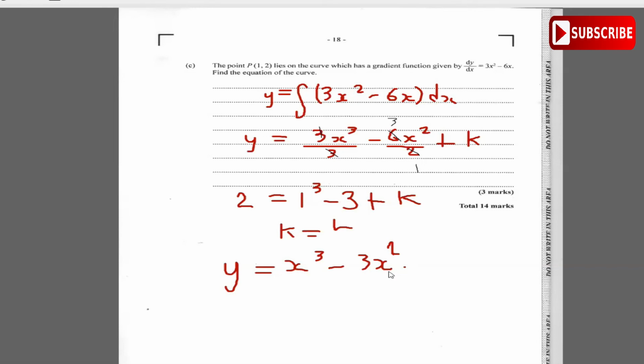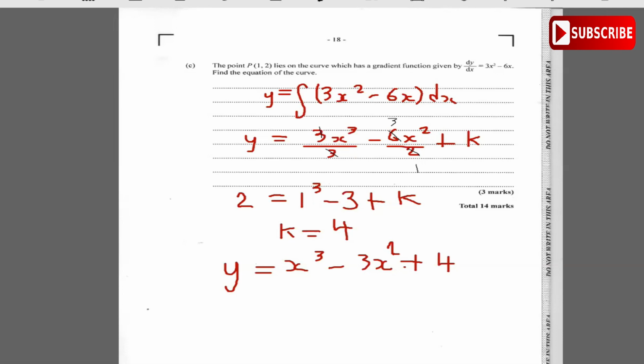All right, so y is equal to x cubed minus 3x squared plus 4. All right, that is it. Nice and easy. Just want to check it to make sure it's right. 1 cubed minus 3 times 1 squared plus 4, that's 2. So this is the curve. All right, a nice cubic equation.